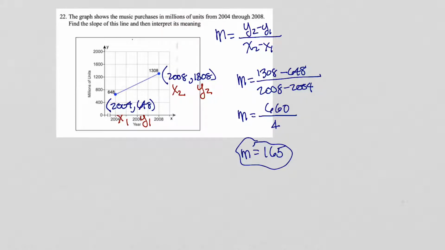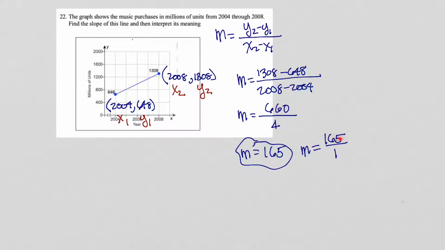To interpret the slope, I want to write the slope as a fraction. The slope is defined as a fraction, so I'll write it as 165 over 1. Now the numerator is coming from what? These are the verticals, right? The numerator came from the y's, and that's the number of millions of units sold.